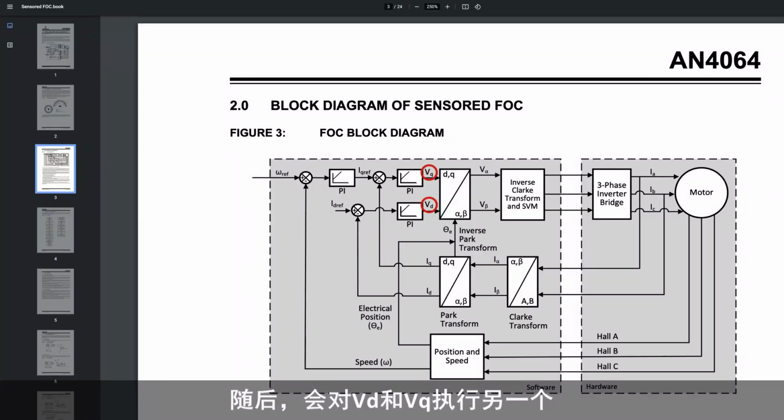After this, VD and VQ go through another mathematical operation, the inverse Park transform.